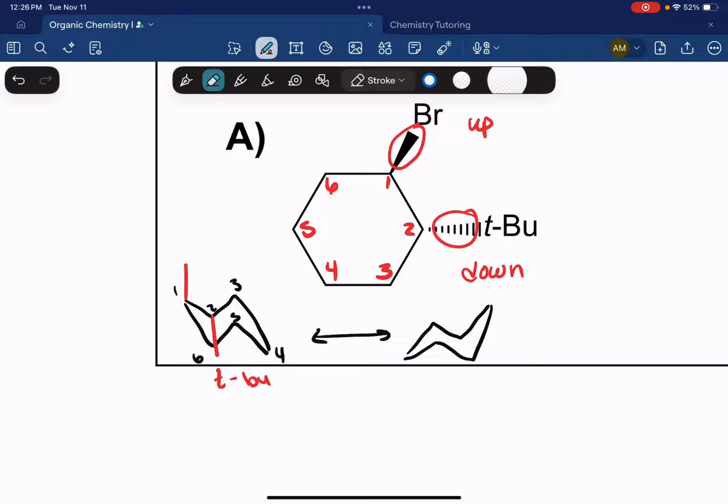Wait. Guys, why can't I draw these right now? Okay. 1 was the utmost carbon, now it's down. 2, 3, 4, 5, 6.